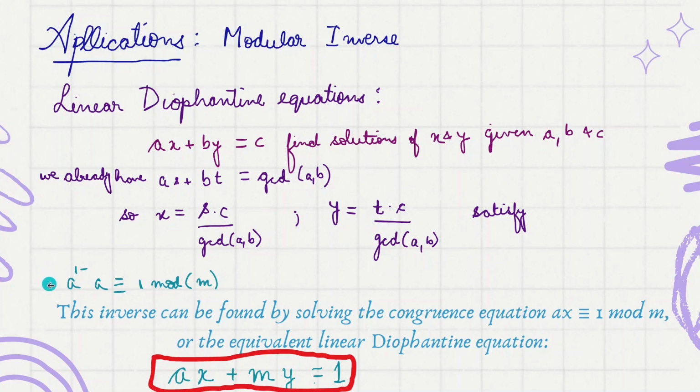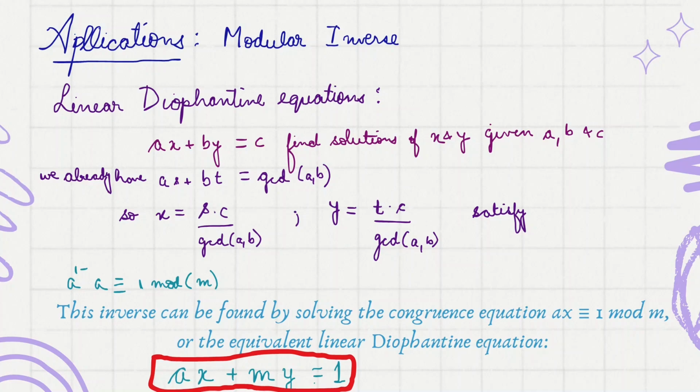These numbers satisfy the equation. We use this in the concept of modular inverse. A inverse times a is congruent to 1 mod m. This inverse can be found by solving the congruence equation ax congruent to 1 mod m. Right now we're saying a inverse is x. So this is the same congruence, just that a inverse is replaced by x. We want to find x. And the equivalent Diophantine equation for this is ax + my = 1.